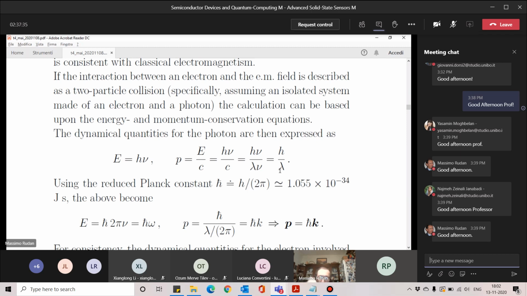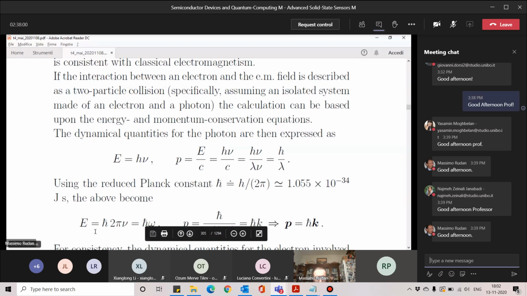Before we move from scalar quantities to vectors, we introduce the so-called reduced Planck constant. You know it already because we have used it in the crystals. It is h bar, that is defined as h over 2 pi.